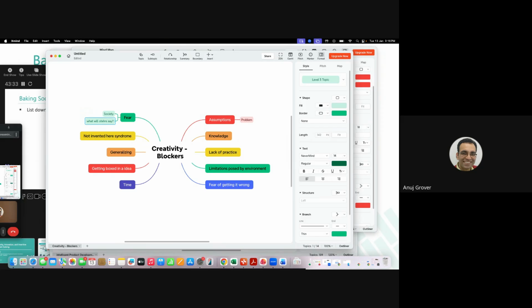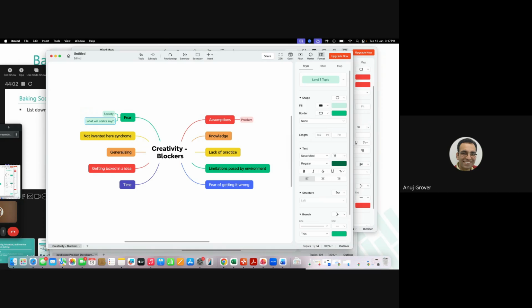Oh, this is my block. This is where I have a trap. I get trapped into this kind of a situation. So getting to know what you are as a creative person is a very important thing to really being more creative. Are you able to see this? You had a question? Okay.